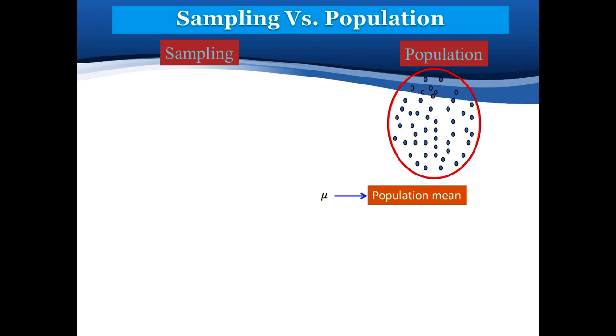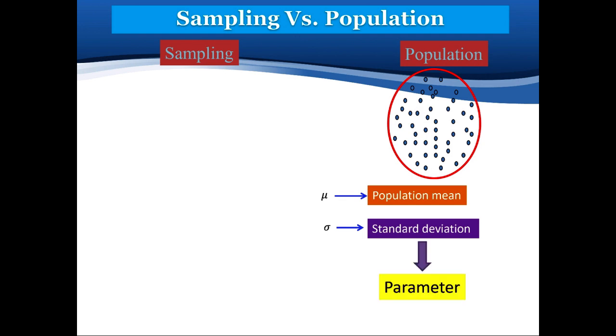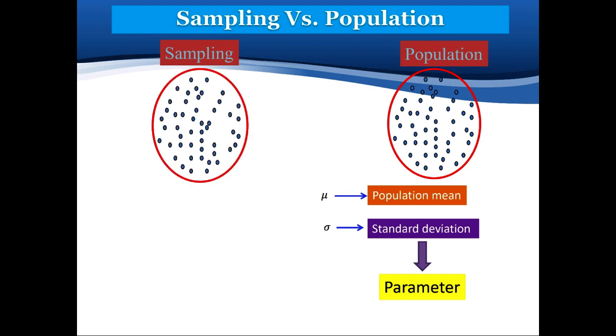In a population, we denote the parameter population mean as mu, and population standard deviation as sigma. They are parameters. Now, in a population, we can randomly select a sample.